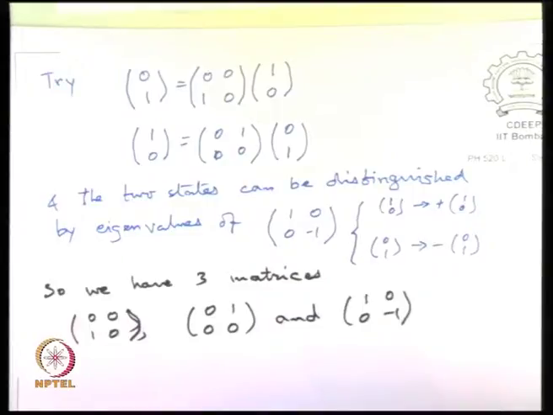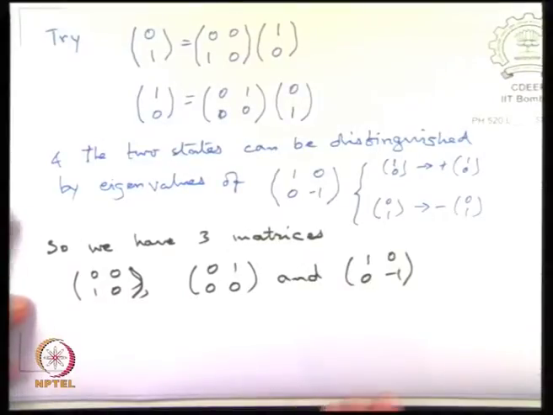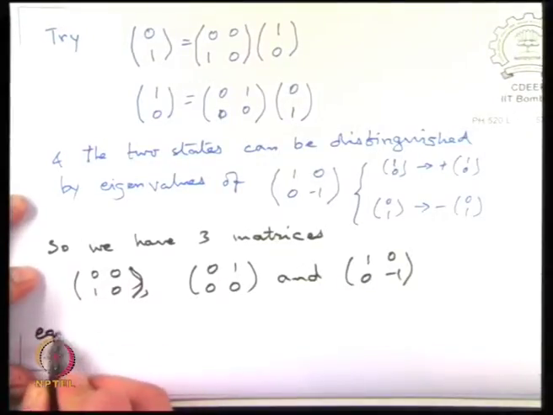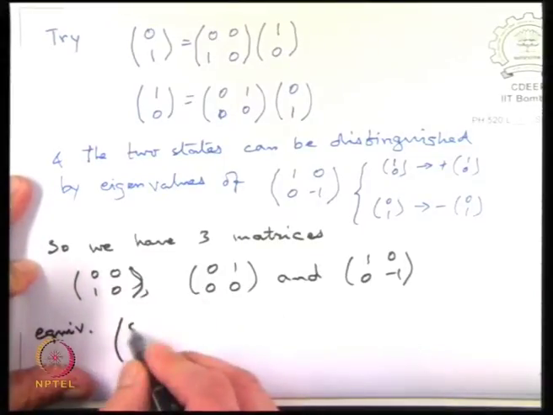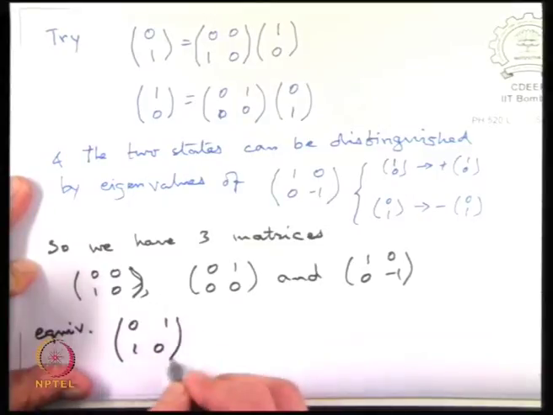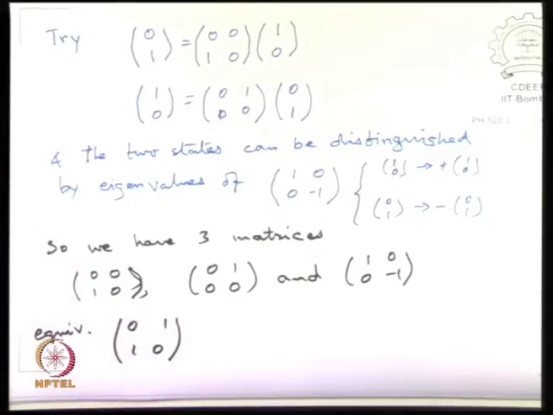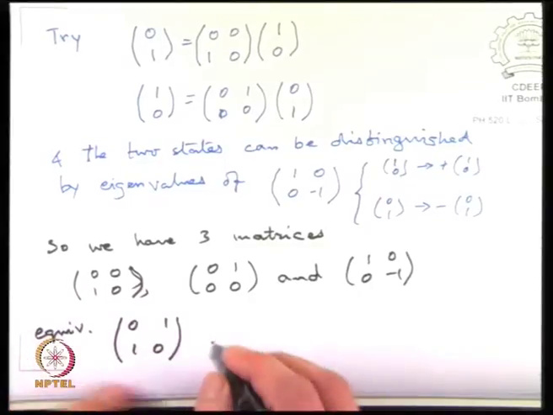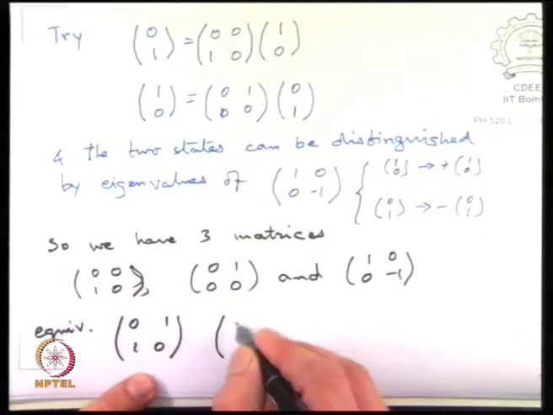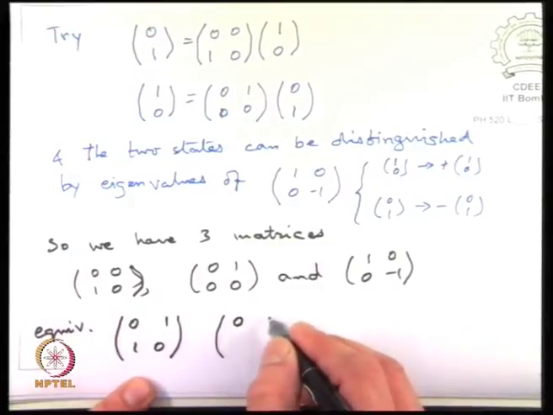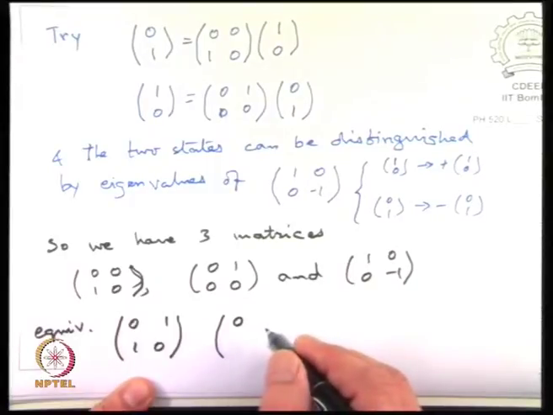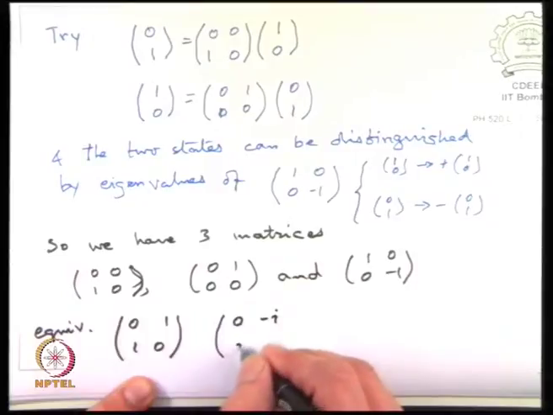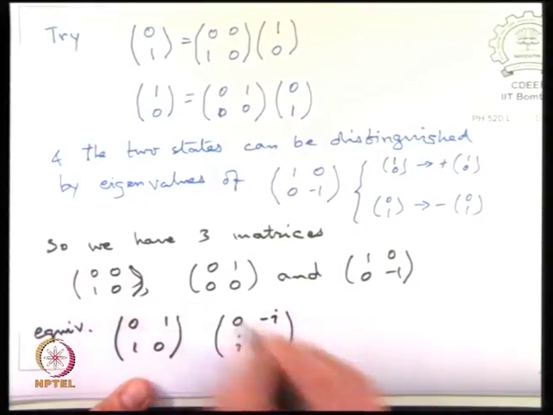Now with good mathematical sense, you will say, why don't I make some symmetric matrices out of this? So equivalently, what happens if I symmetrize? I get 0 1 1 0, which is the sum of these two divided by 2. But the minus 1, if I make, I will get 0, say minus 1 1 0, but I also want it to be a Hermitian matrix. So I make it minus I 0. It is simply I times the difference.